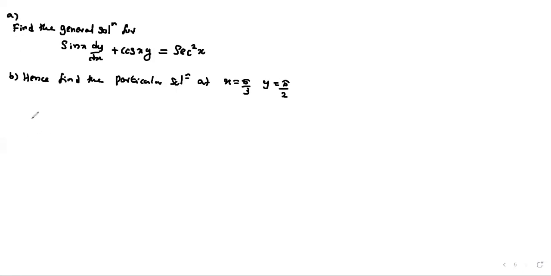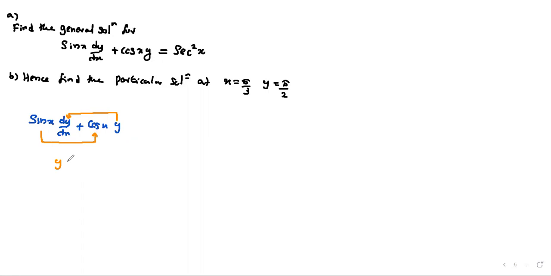Then you can see sin x dy by dx plus cos x y. Now you can see this clearly. Differentiation of y is here. Therefore, you can write y. Differentiation of sin x is here.